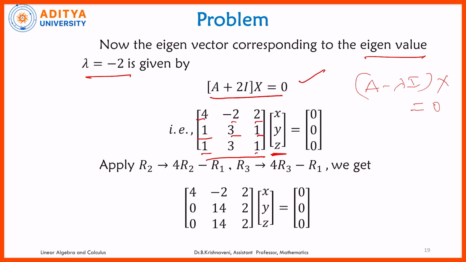Let x be the eigenvector represented by x, y, z equal to 0, 0, 0. Now reduce this into echelon form: fix this and make the elements below it zeros. For that, the operations are R2 as 4R2 minus R1 and R3 as 4R3 minus R1. Doing this, we got the system 4, minus 2, 2; 0, 14, 2; 0, 14, 2, times x, y, z equal to 0, 0, 0.